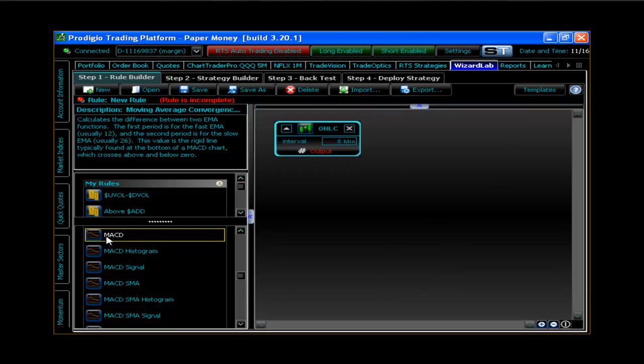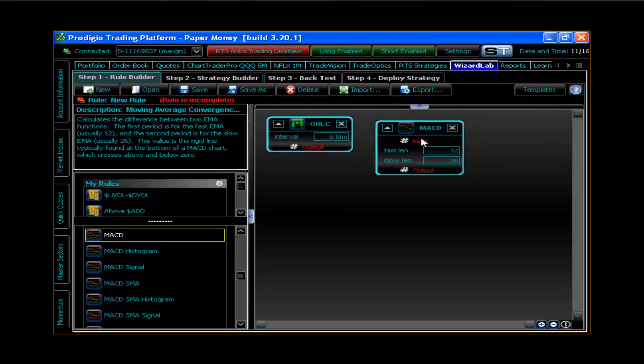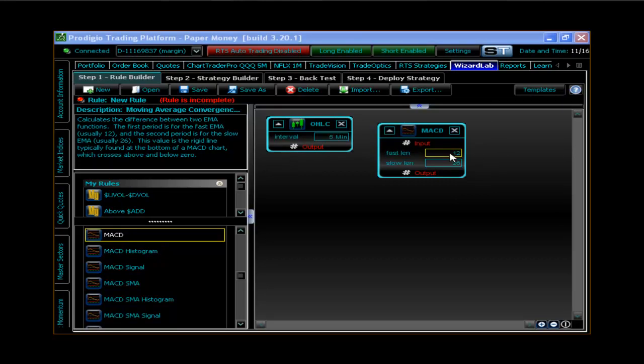So we're going to start with MACD, and just so we kind of align with the chart a little bit, with the MACD, we're going to look at a fast length of 8 and a slow length of 60. Now the MACD line only needs these two parameters, so it doesn't need that 9 period.